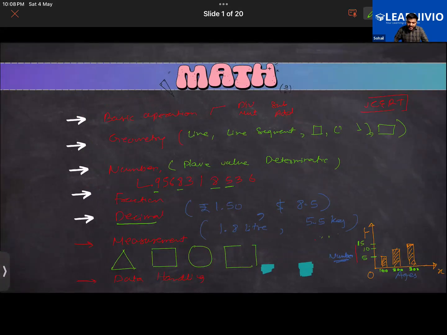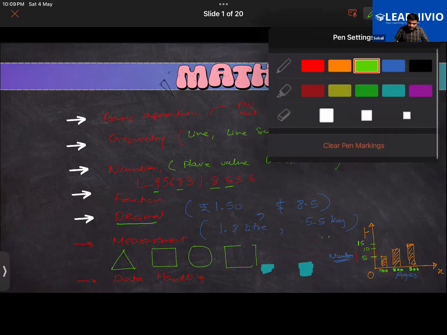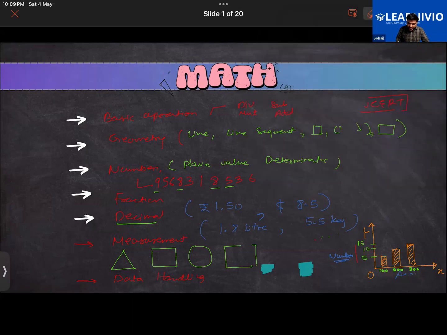Just by looking at this, I can identify how many students belong to a particular age group. So tell me, how many students belong to the age of 10 years? 200. There are 200 students who are having this age. Getting it now?